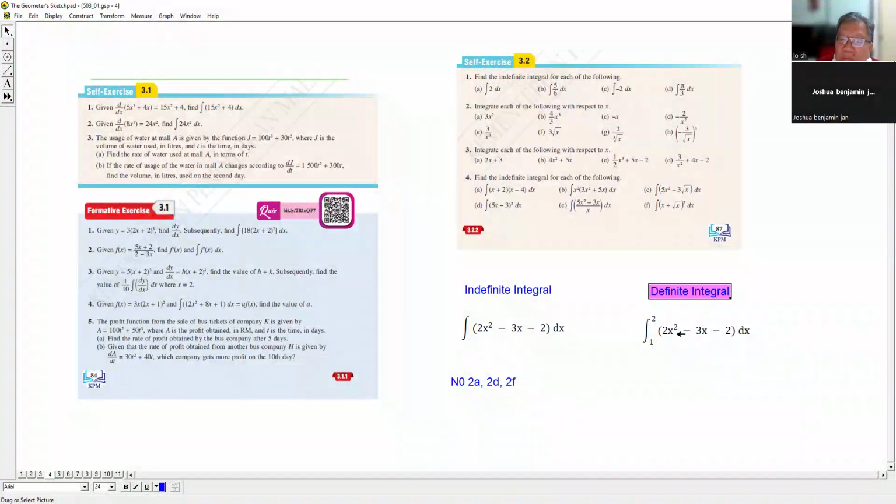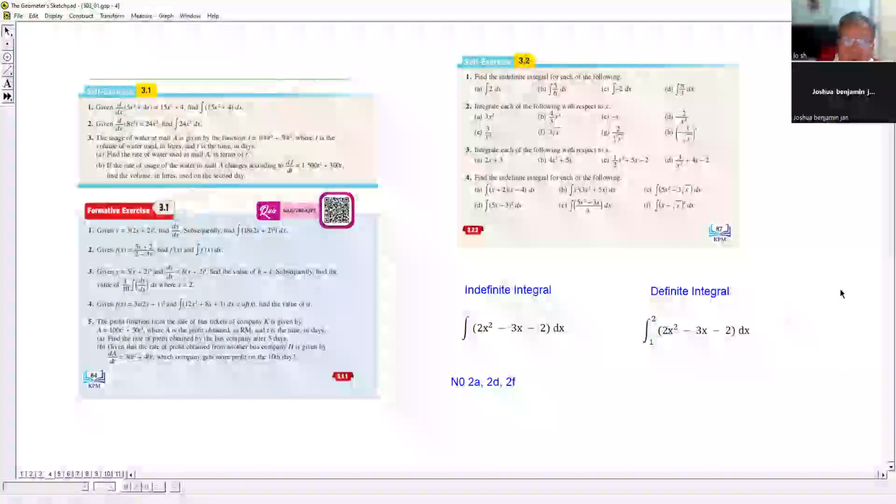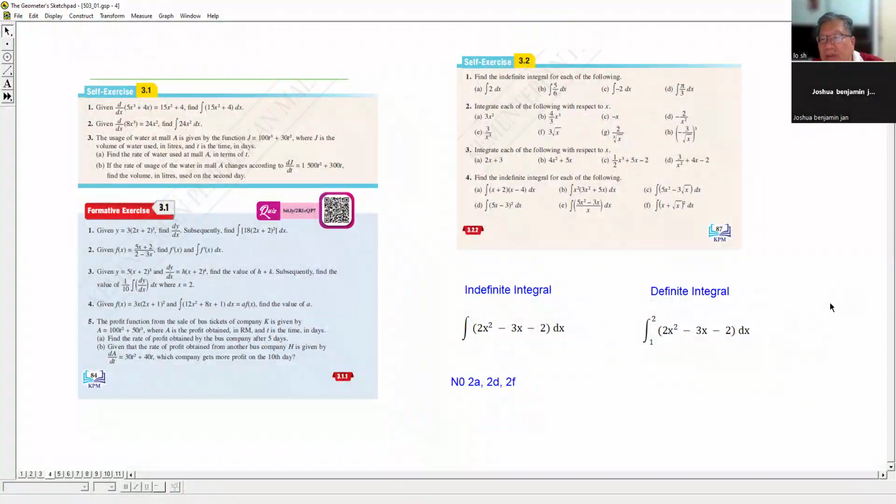You integrate first, then substitute the numbers inside. I will show you definite integral maybe next lesson. Now we are dealing with indefinite integral, which has no upper limit and no lower limit, so you have to add c there.